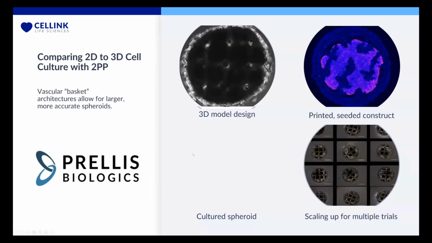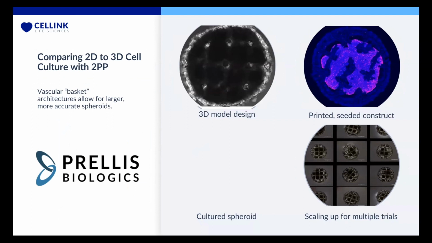Now, using 2PP technology, the prior studies were performed with avascularized 100 micron spheroids. But if we're going to look for a more accurate organ model, larger vascularized spheroids would paint a more predictive picture of the actual physiological response.